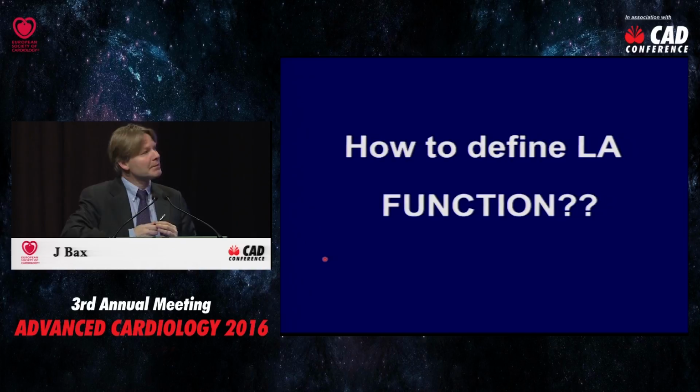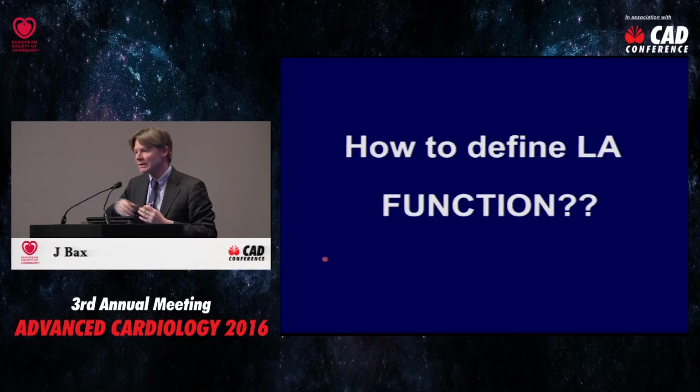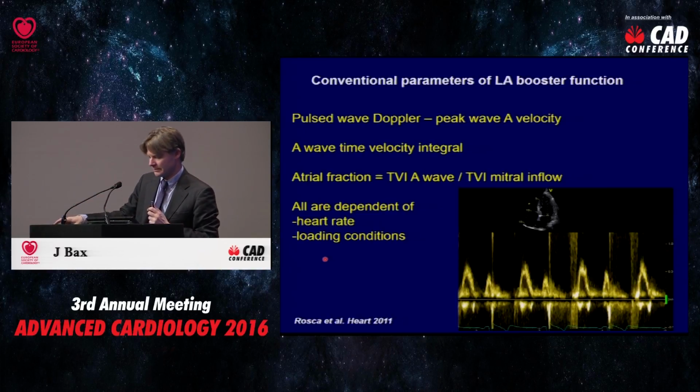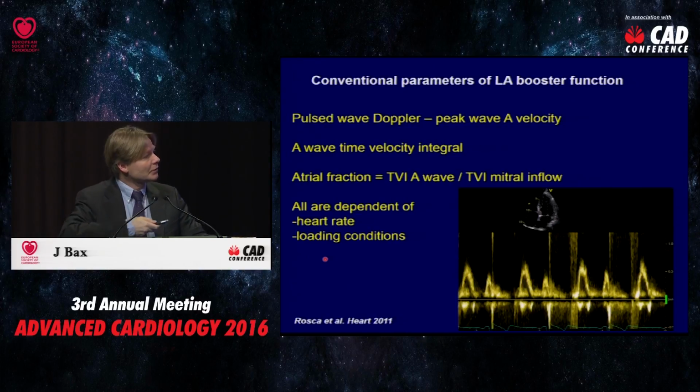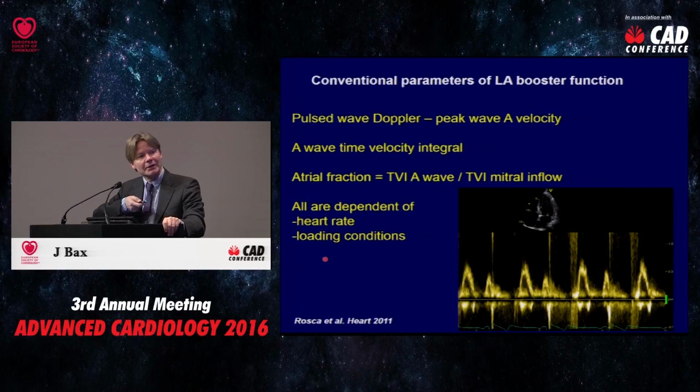How to define best LA function is then the next question. We can do that very simply. We can take the transmitral inflow, as we all know here, where you have an E and an A, and the A is the late part. So this is pulsed wave Doppler, where you measure the peak A wave velocity, the late part, reflecting in a way the booster pump.